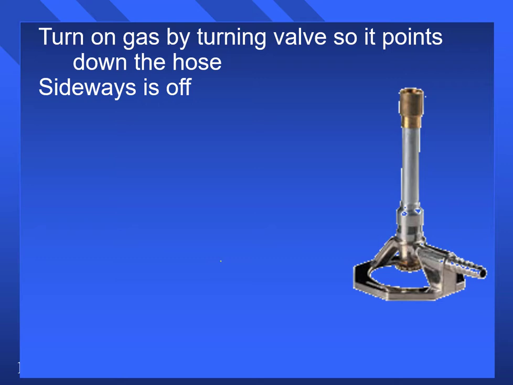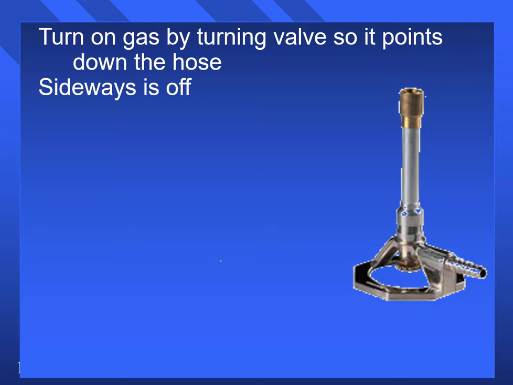Okay, so we need to adjust the fuel and the air. First I want to show you why you want to adjust the air. Okay, so I'm going to turn this on. This is a poorly adjusted Bunsen burner.